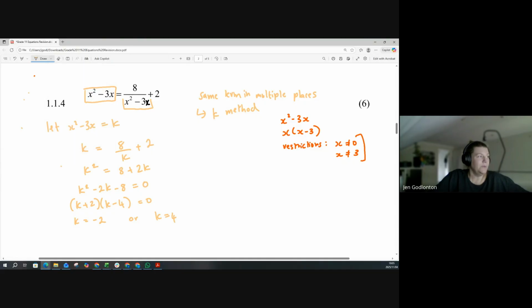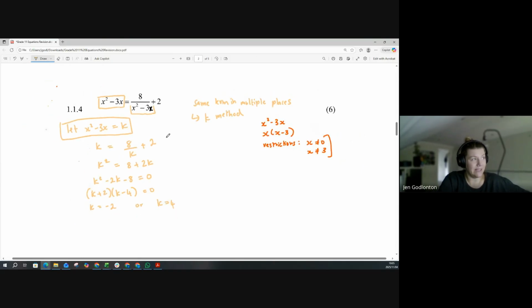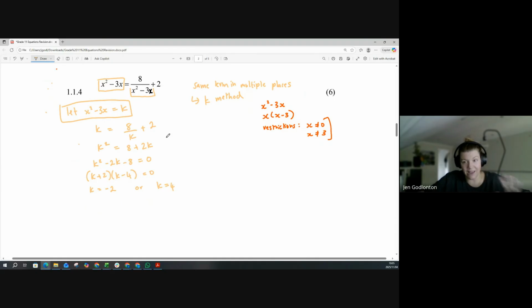Step two, we now need to go back to the fact that we said that that is k. So now we're going to make these k, because we're not looking at what k is. We're trying to find out what x is. So then we need to bring k back in. So x squared minus 3x is equal to negative 2, or x squared minus 3x is equal to 4. Get them both into standard form.